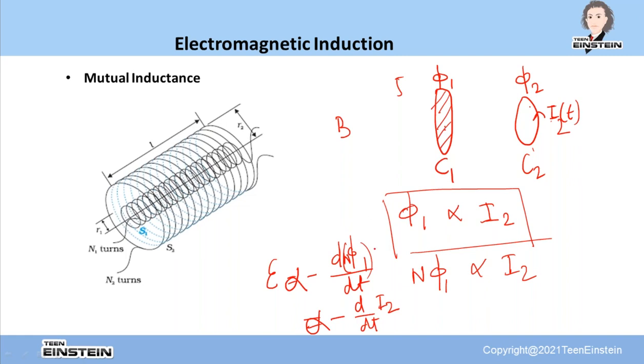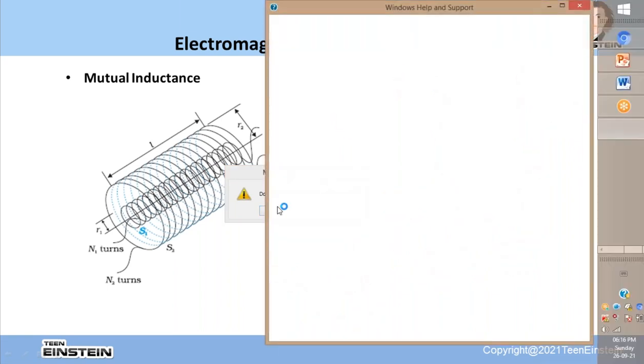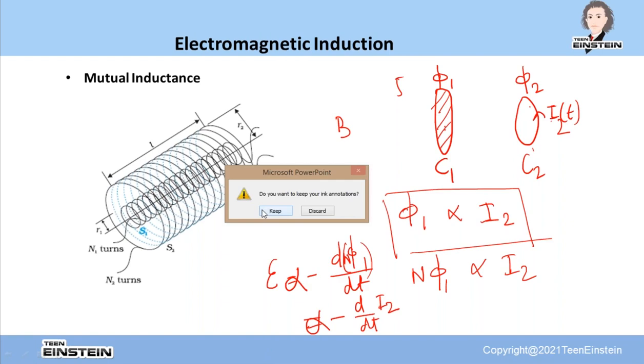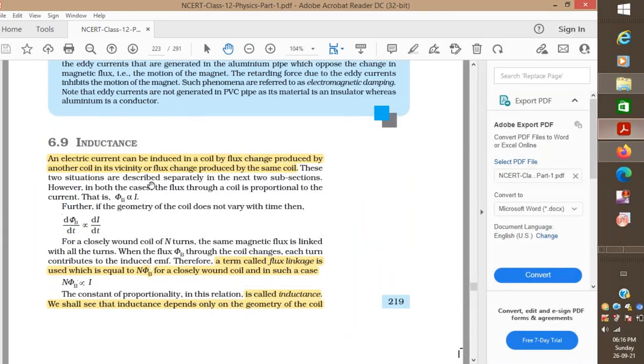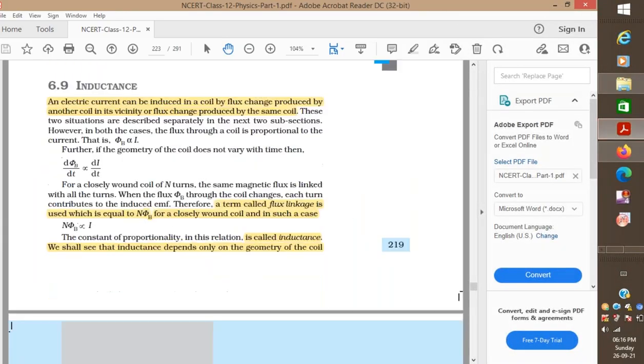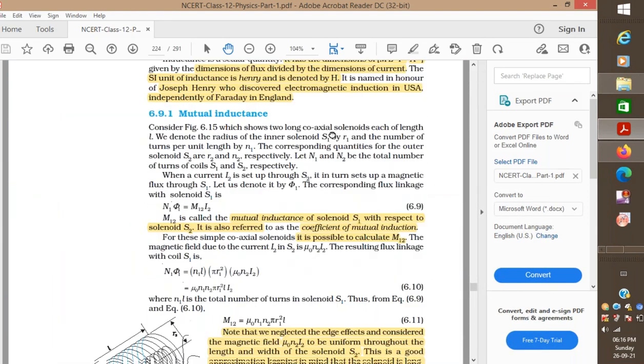Now we'll see, instead of taking circular coils, we'll calculate mutual inductance for two coaxial solenoids.